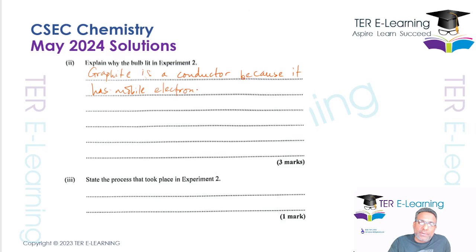Next one here is the magnesium chloride solution, so that's MgCl2 aqueous, which is a conductor. Because, and you need to be specific in your words here, the ions are mobile in solution.